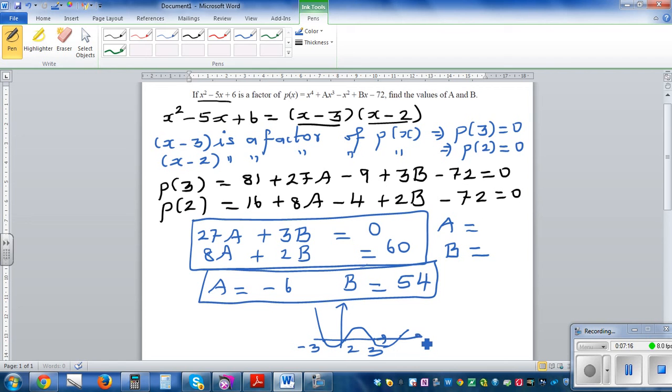This is a very messy graph. So the roots are 2 and 3, -3 and 4. So if the question is to factorize this, the factors would be x plus 3 times x minus 2 times x minus 3 times x minus 4. Okay, so because it's a quartic or biquadratic equation, it has got 4 roots.